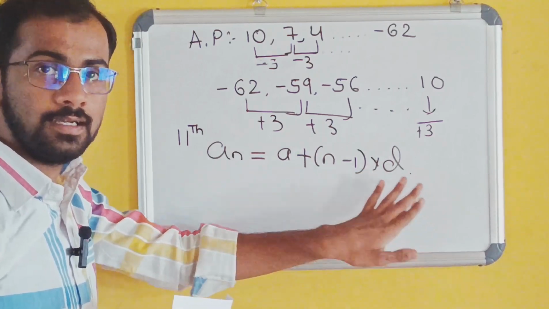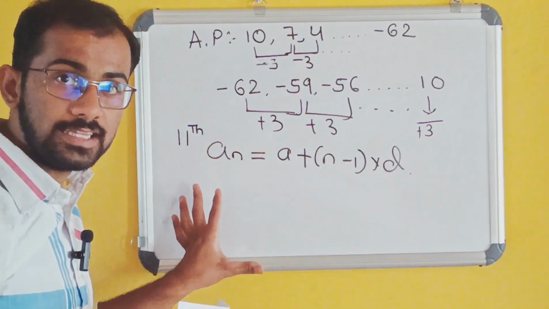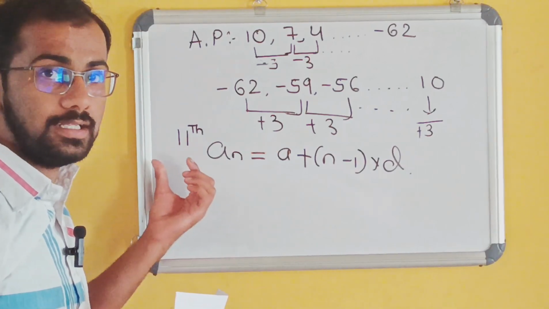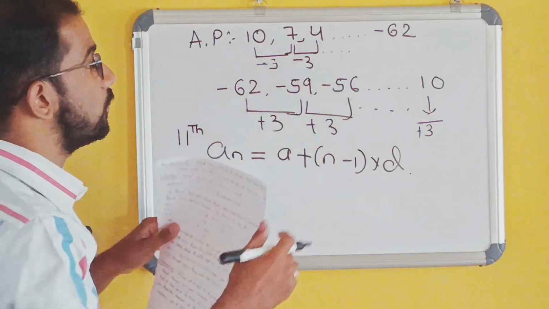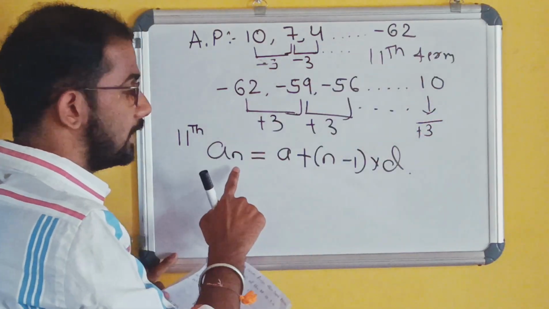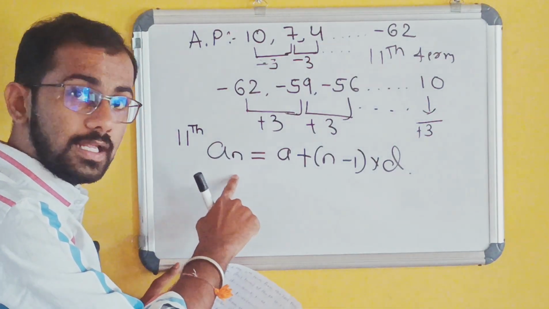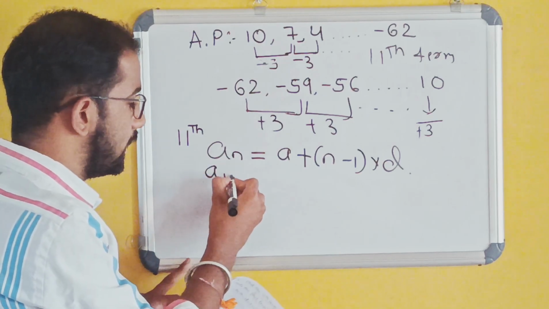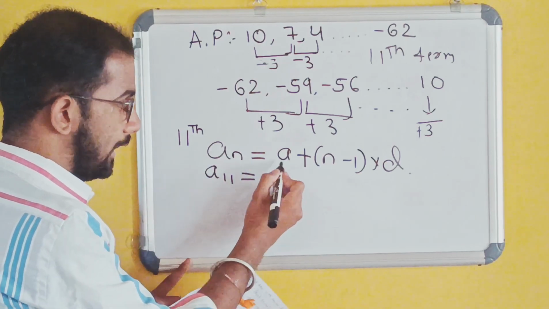This is the formula to find the nth term. In the question, we need the 11th term, hence n becomes 11. That's why we substitute n equal to 11.